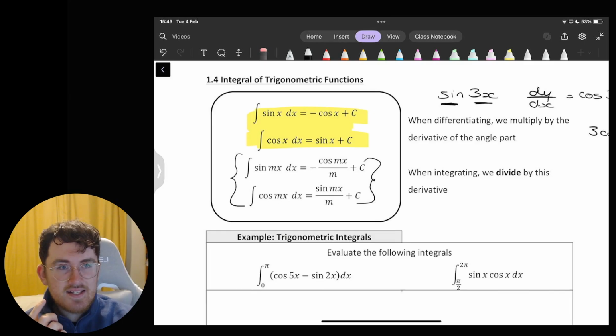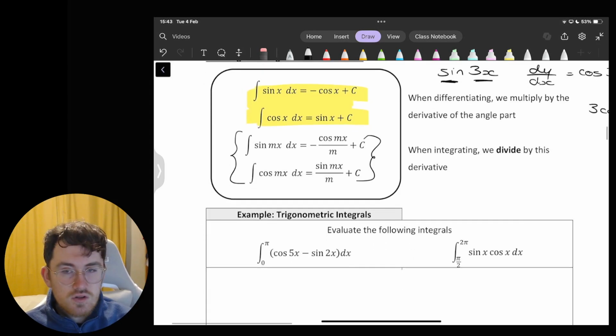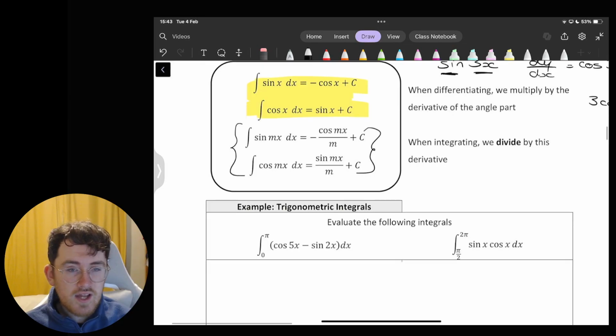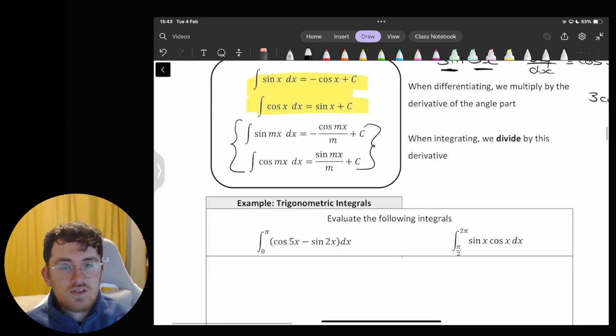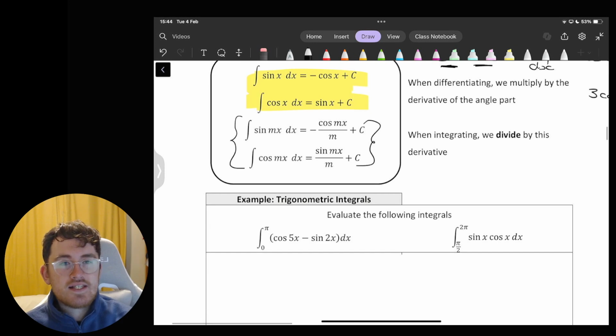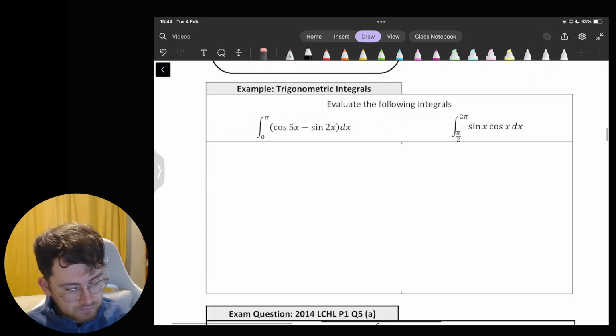As I've said, sine differentiated to cos straightforwardly, so that integral is straightforward as well. So those two are there for you to not forget. And then in terms of the angle part, just remember, still take the number in front of the angle, but divide as opposed to multiplying by it.